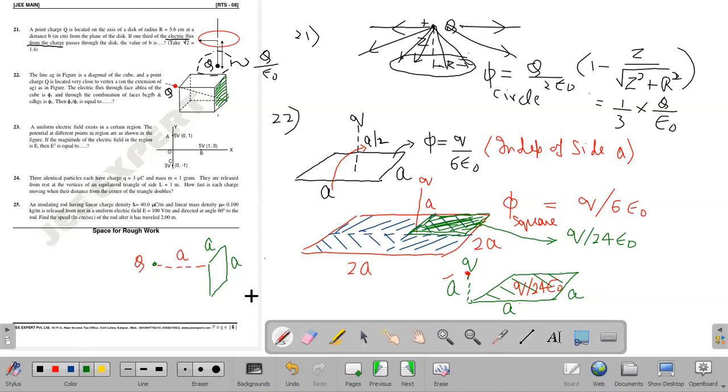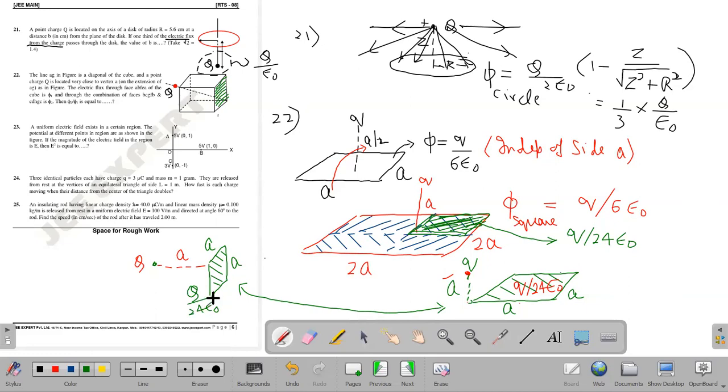So this problem is very similar to what we just discussed. These two are very similar situations, and therefore flux for this square face can be called as q by 24 epsilon 0.